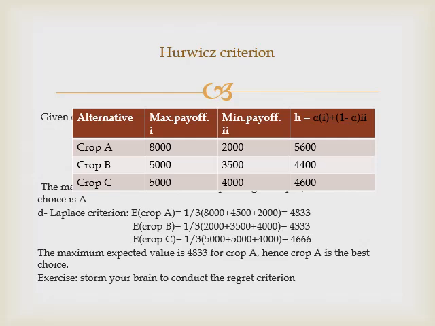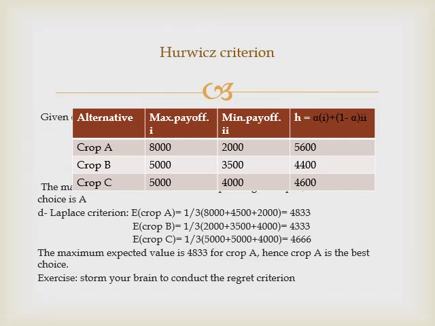There are three states of nature for each group. For A, it is 8,000, 4,500 and 2,000. Three states: high rainfall, medium rainfall and low rainfall. Please don't focus on the given table. Return back to the first table.